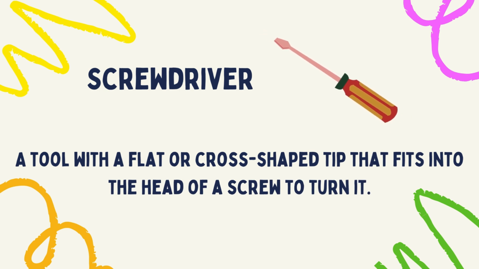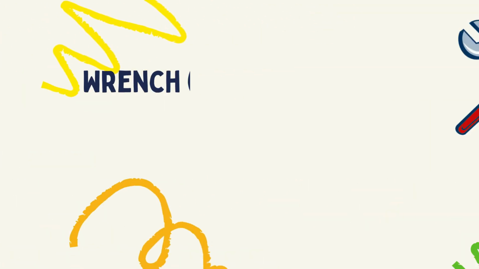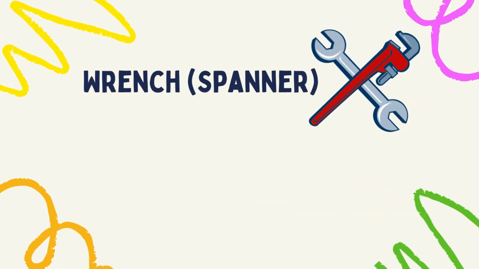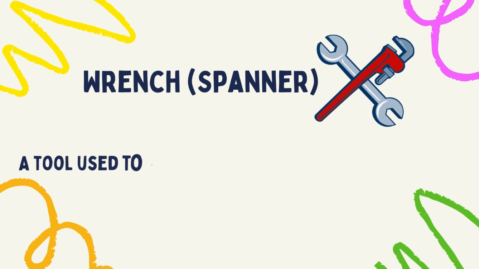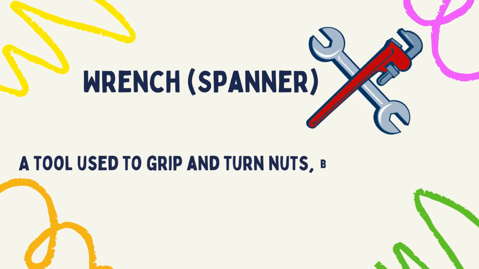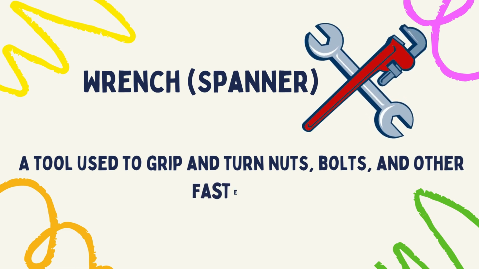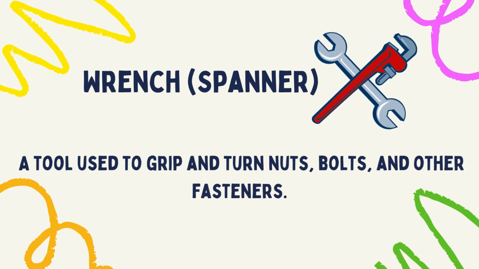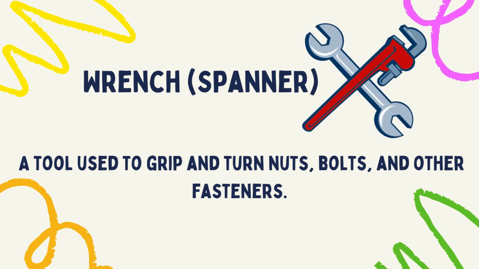A tool with a flat or cross-shaped tip that fits into the head of a screw to turn it. Wrench, spanner. A tool used to grip and turn nuts, bolts, and other fasteners.